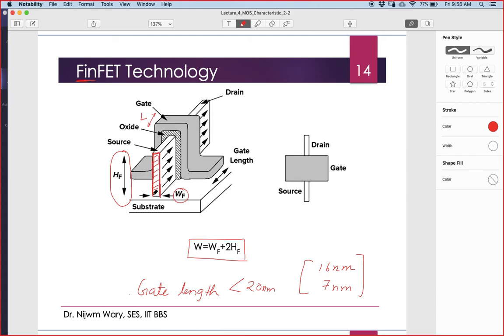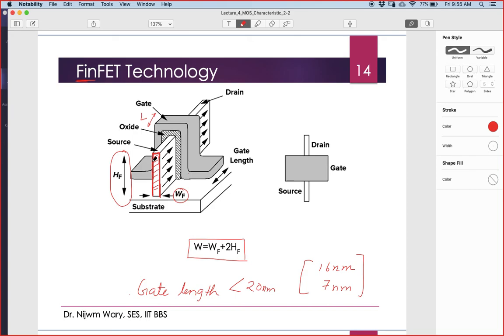So that's why HF is coming twice and WF is coming once. So that's why the total effective W is WF plus twice HF. Is it clear now? So basically, this gate has control over the perimeter of WF plus 2H. Not exactly the perimeter, because this side is left.